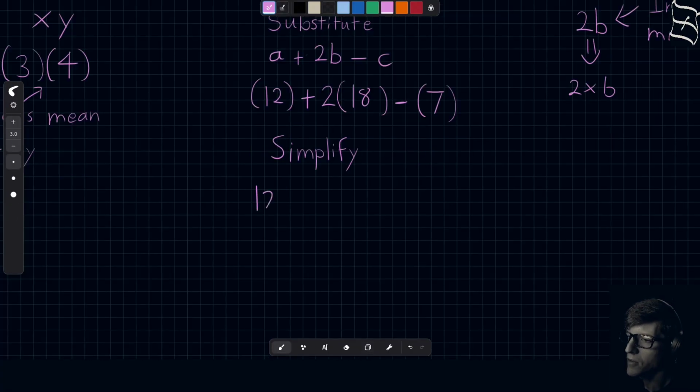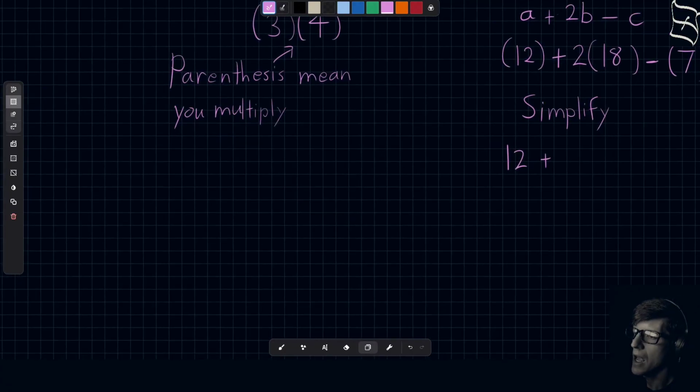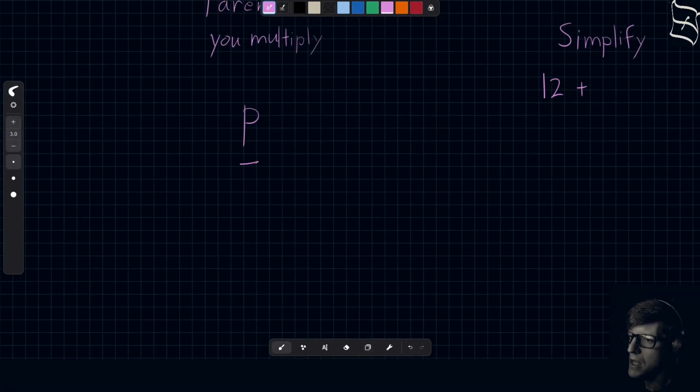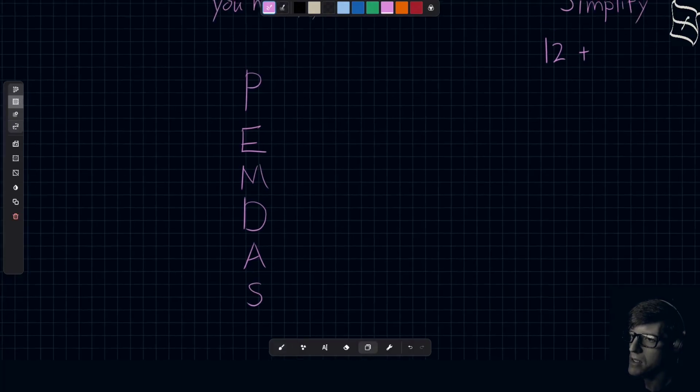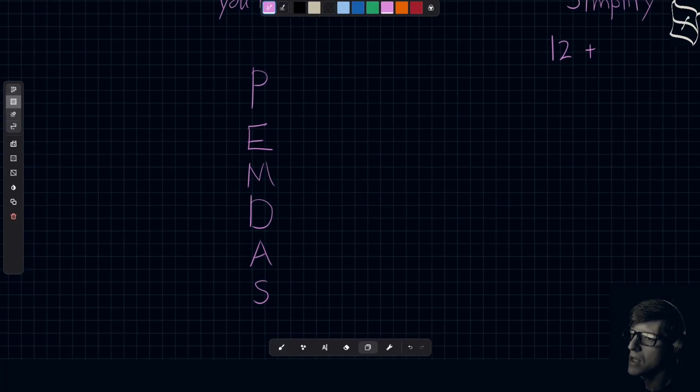12 is left by itself. We can't do anything there, but we can go ahead and do our multiplication. We have to follow a rule here called PEMDAS. And what is this? This means that we have to simplify our parentheses first.